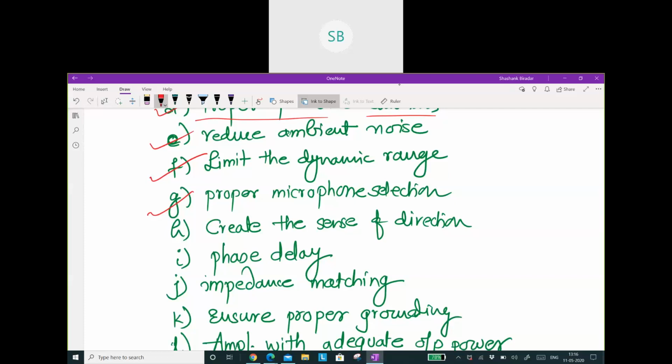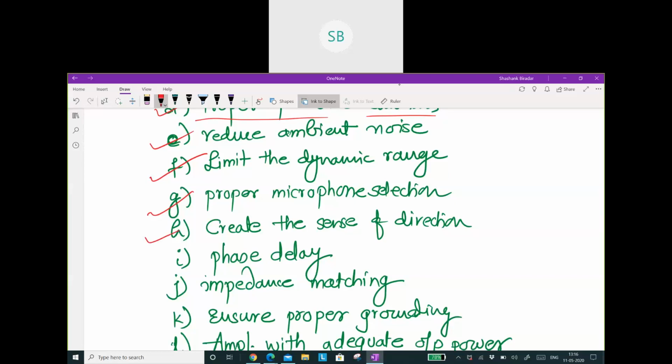So as to avoid echoes, reverberation, and less amplification, proper selection of microphone is important.